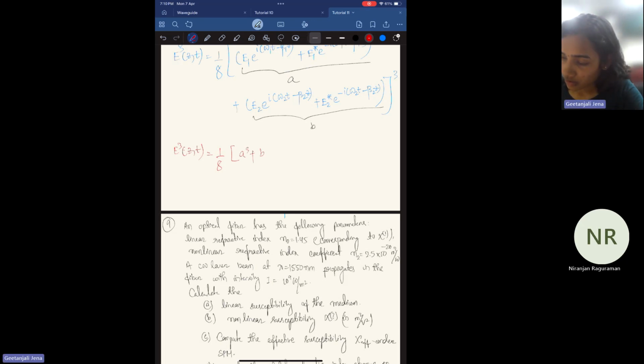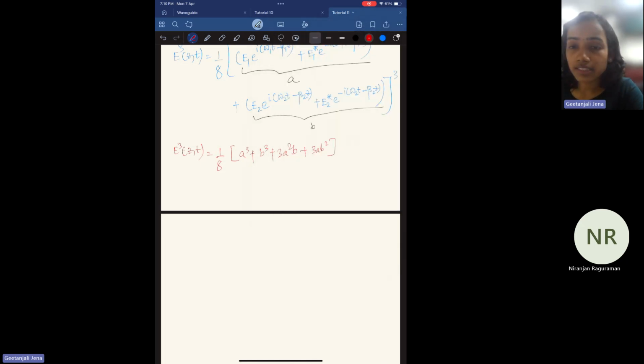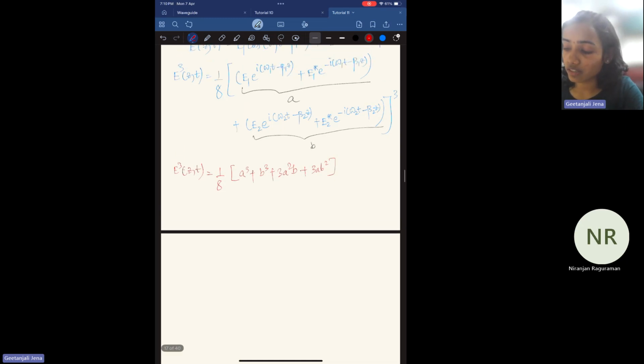Okay, so this we have already seen before. Just make sure while doing this calculation, because you can see these are really long calculations, with a lot of terms here.